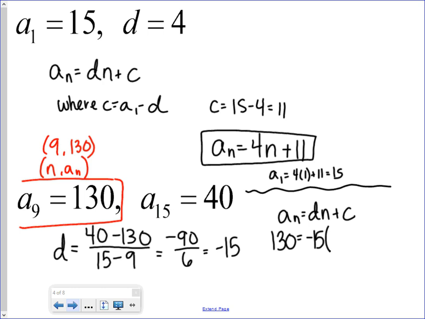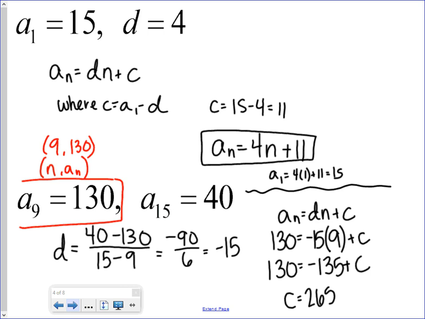Multiply that by my n, which is 9, and then add c. So calculate negative 15 times 9. That'll be negative 135 plus c. And then add 135 to the other side. So c is equal to 265.